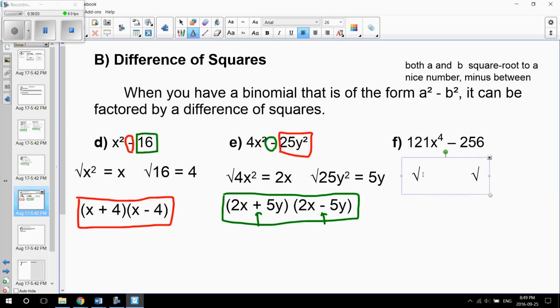So again, we're going to try and see if we can square root our first term, 121x to the power of 4. And when we square root that value, what should we be getting?